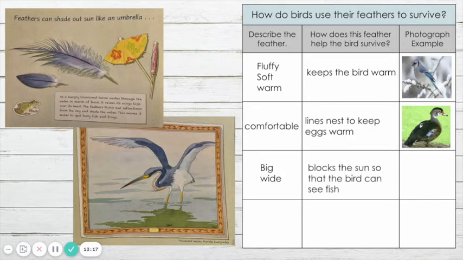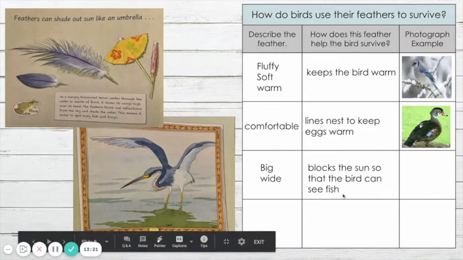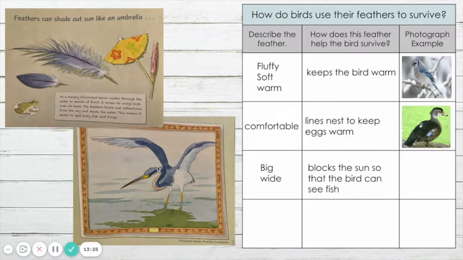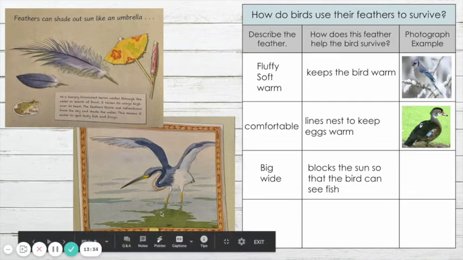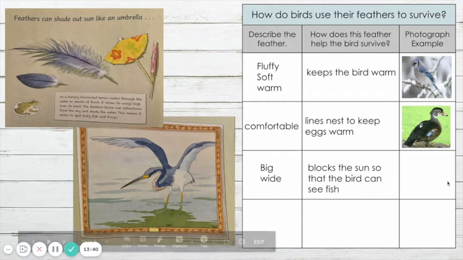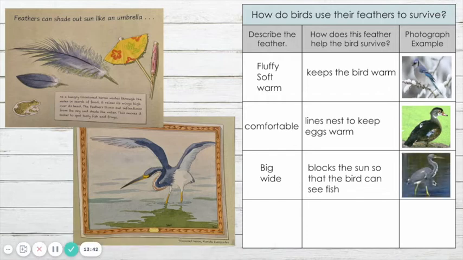We can say that the feathers block the sun so that the bird can see fish. You can see right here in the picture on the text that as the heron spreads its wings out, it blocks the sun. And the heron can look into the water, the shadowy water, and see the fish a little easier. Let's finish this row by adding a real photograph of a heron.